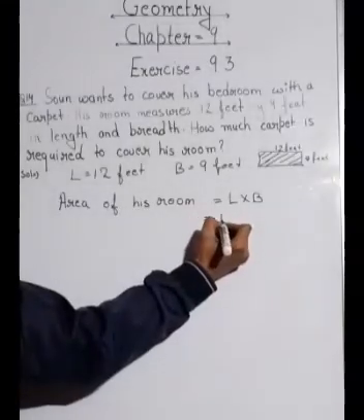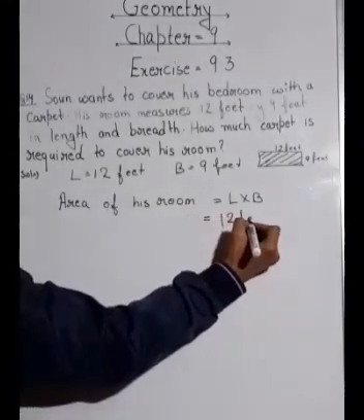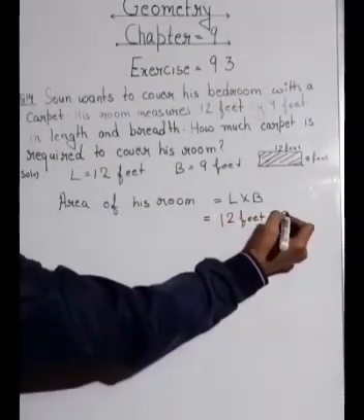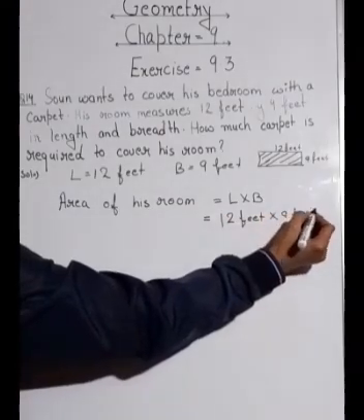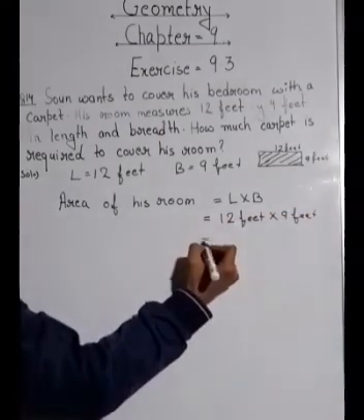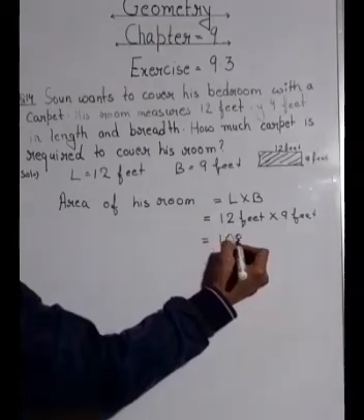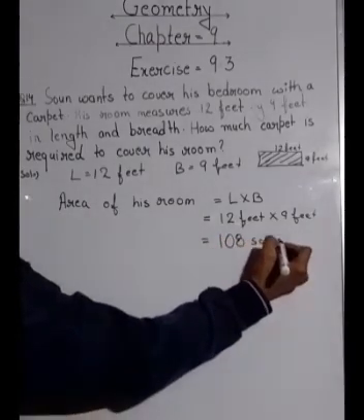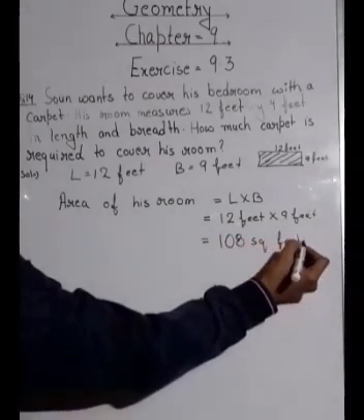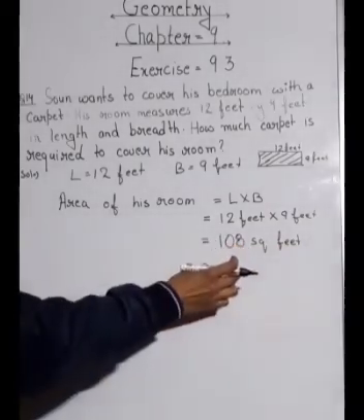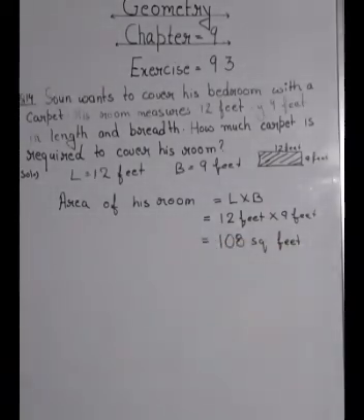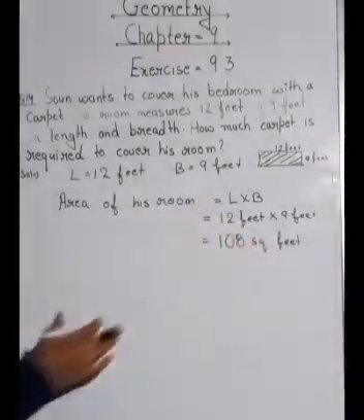So this will be 12 feet into 9 feet. Clear? Now 12 nines are 108 square feet. So this much carpet he requires to cover the floor of his bedroom.